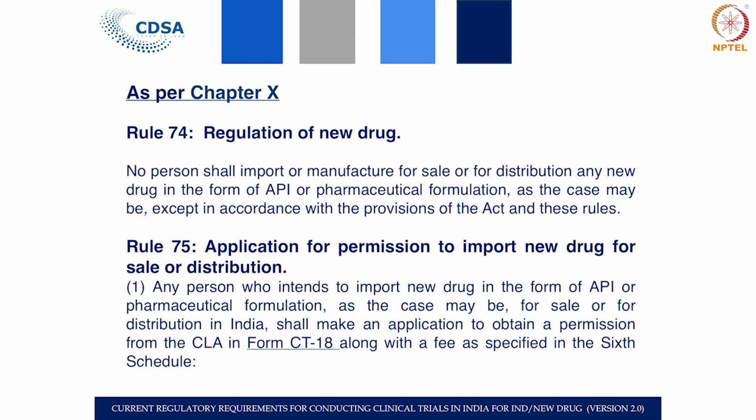And there are rules 86 to 96 in chapter 11, which deal with the unapproved drug under clinical trial, the requirements to be fulfilled to import or manufacture such unapproved drug, which can be done by government hospitals and government institutions for the treatment of patients suffering from life threatening disease.